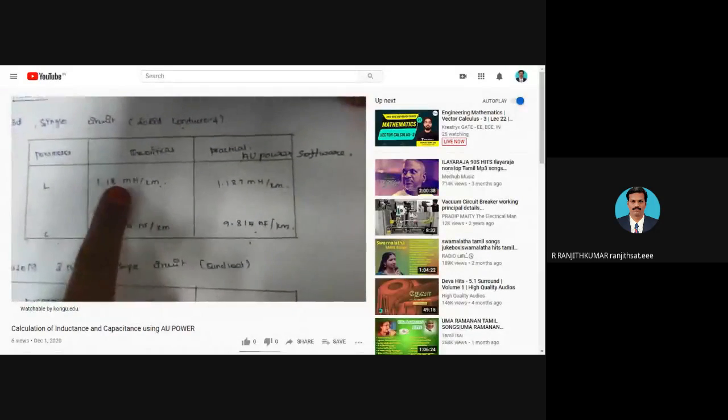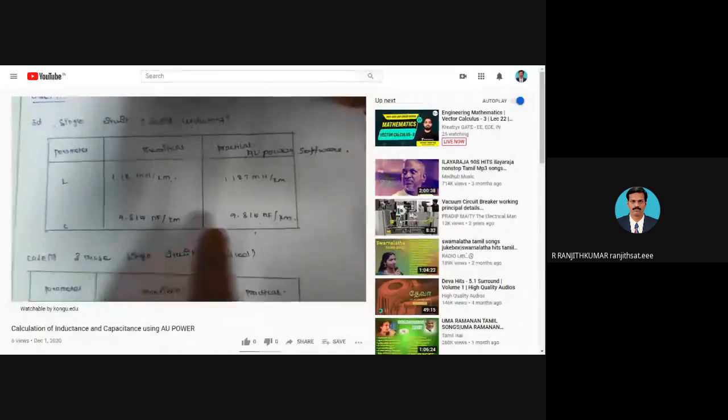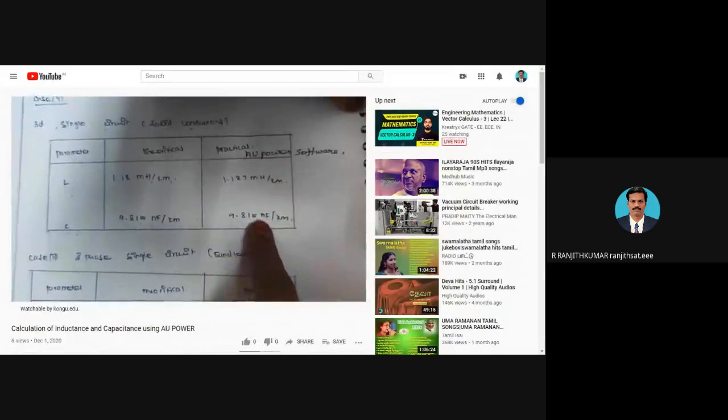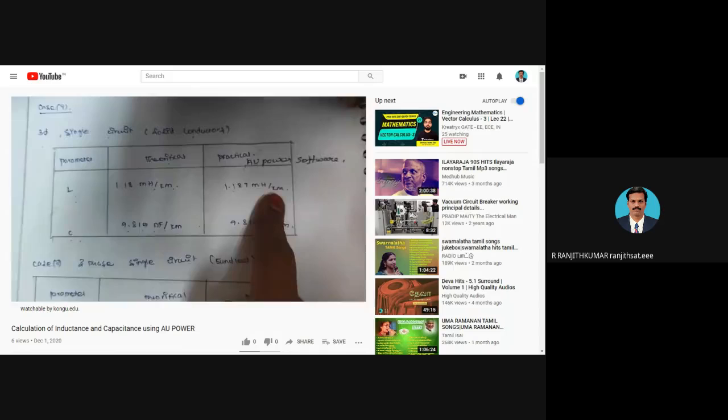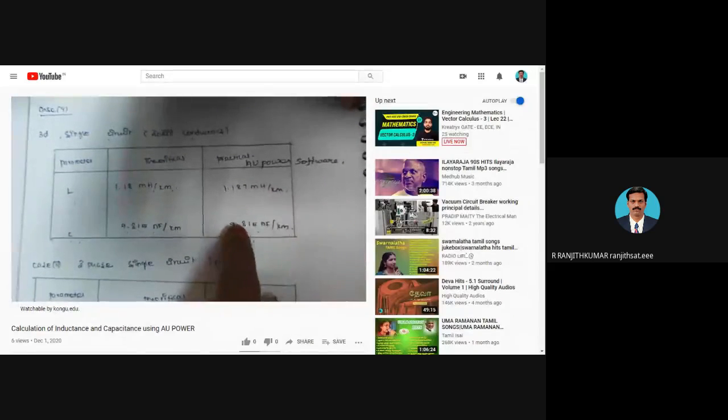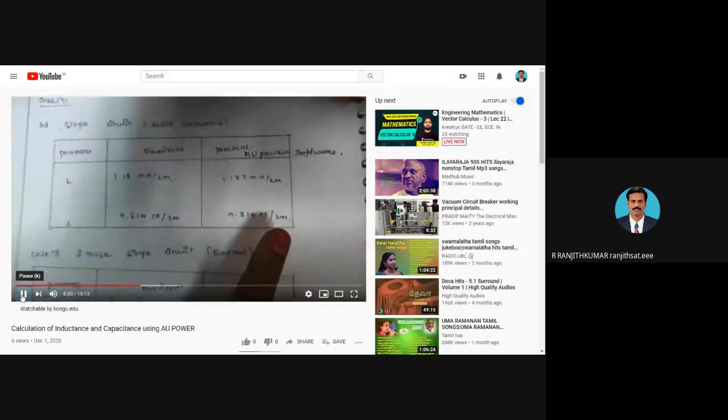This is what we have calculated using our theoretical calculation. So in the column of your practical, you have to write what you are getting in the output of the simulation, 1.18 and 9.8.